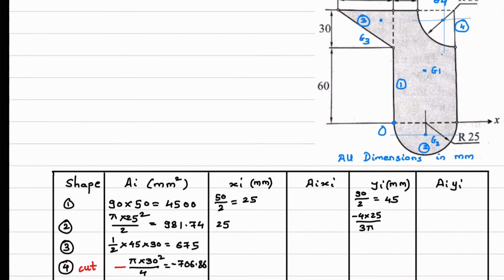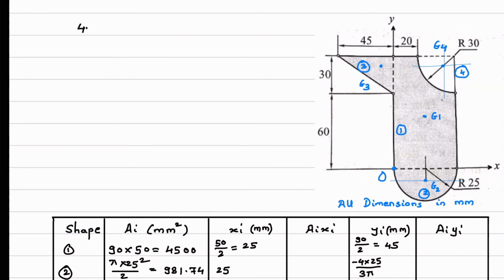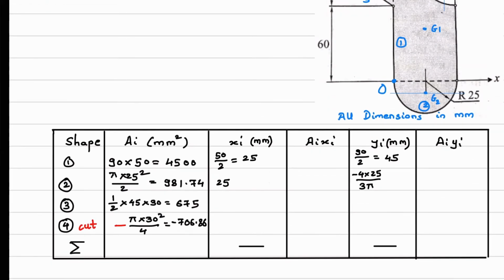Next, we will consider third geometry, which is this right angle triangle. For this right angle triangle, we have to locate this G3 from this point O. So x will be what? Negative. Why? Because it is on left side. So x bar will be negative.